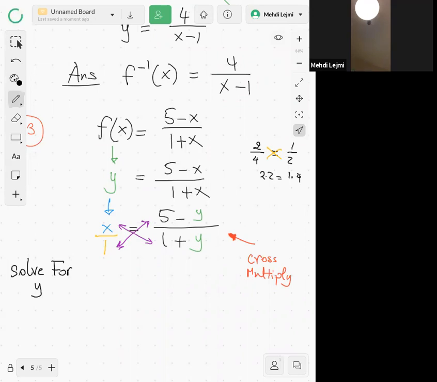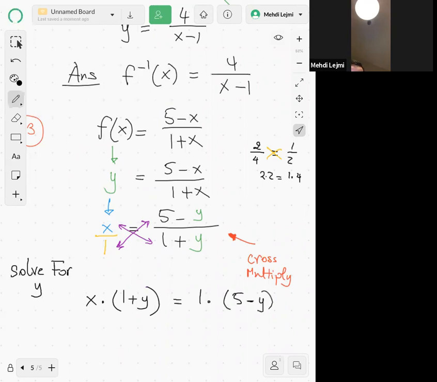So why do we cross multiply? That's because when you cross multiply, you have a chance to solve for y, because the y is going to move to the top. So let me show you. Cross multiplying, x times 1 plus y on the left, and on the right, it's 1 times 5 minus y.